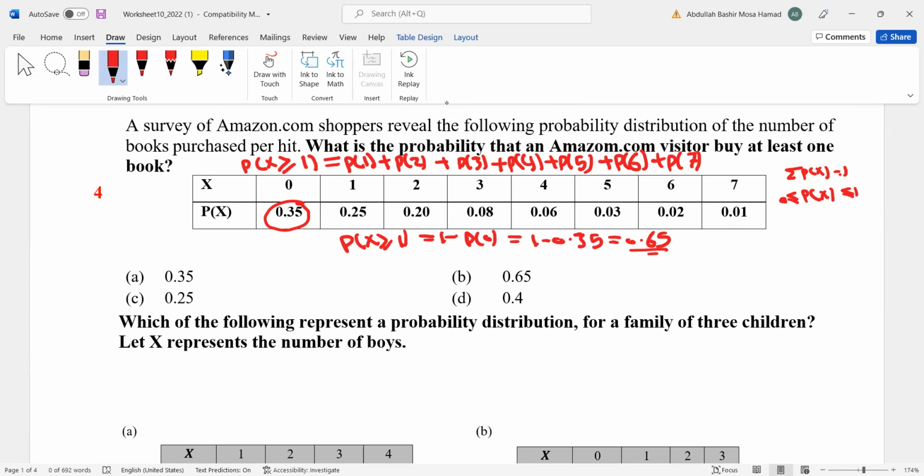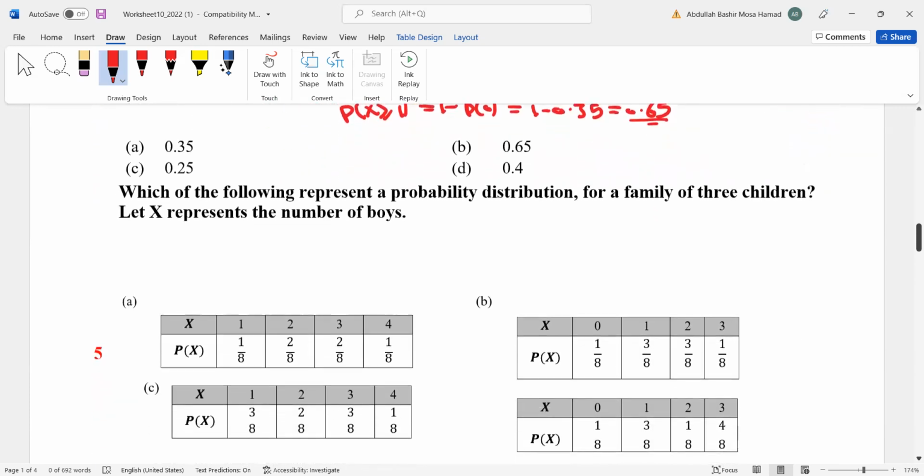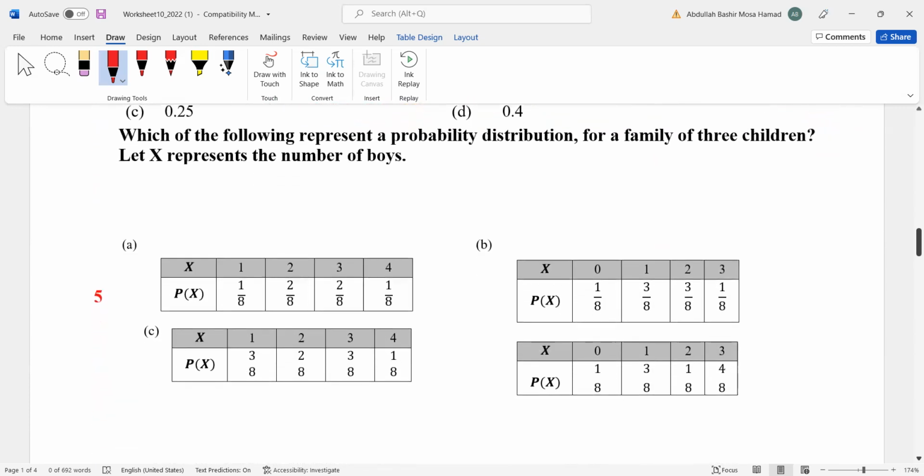Let's see the second question, question 5. Which of the following represents the probability distribution for a family of 3 children? Let X represent the number of boys.